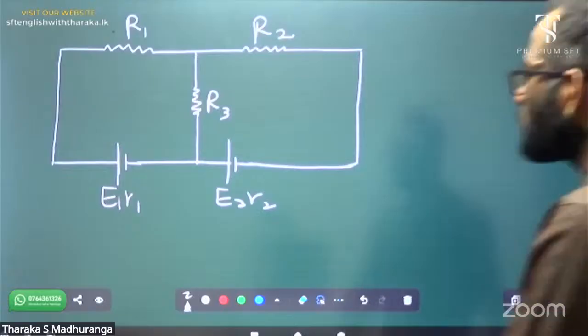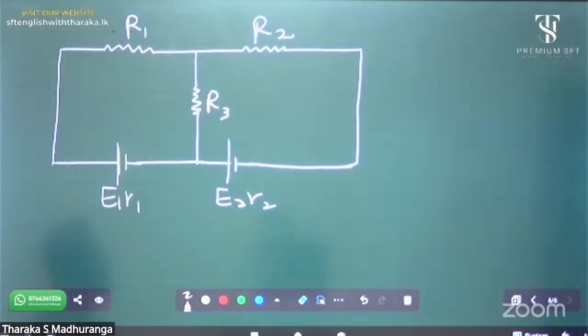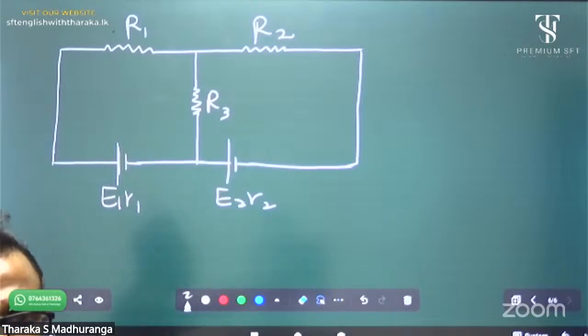Okay, how many closed loops does this circuit have? Joel, how many closed circuit loops? Not 2.